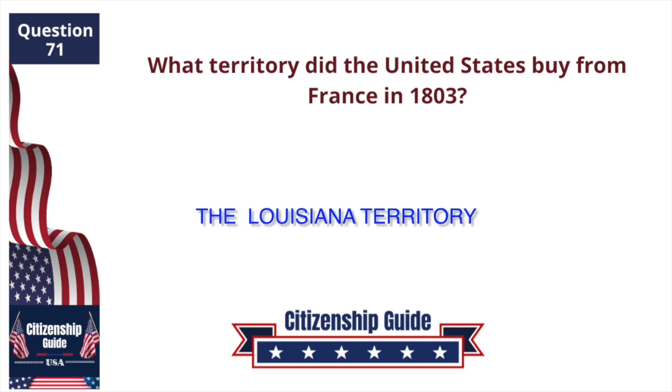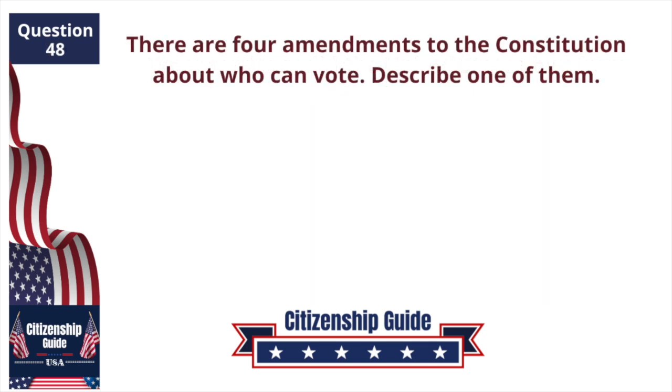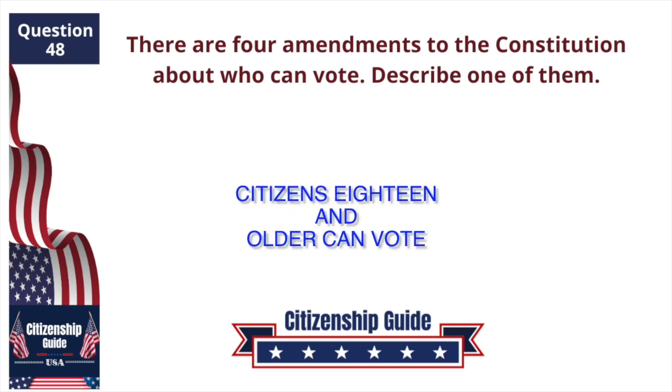The Louisiana Territory. There are 4 amendments to the Constitution about who can vote. Describe one of them. Citizens 18 and older can vote.